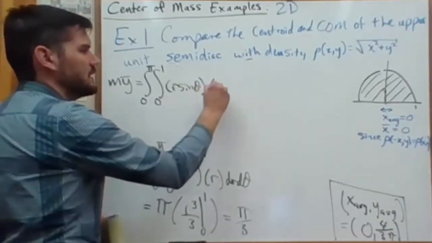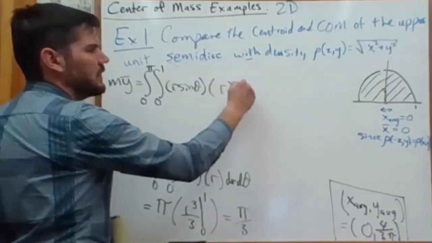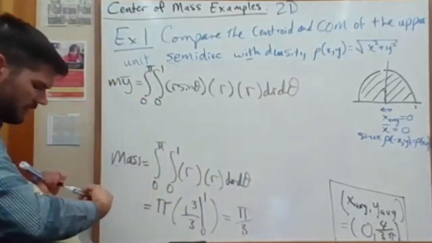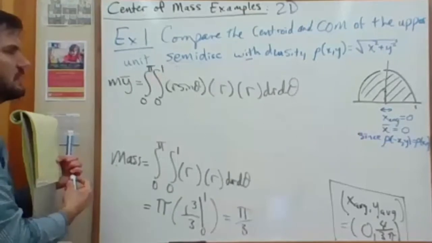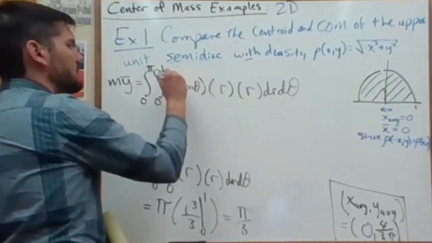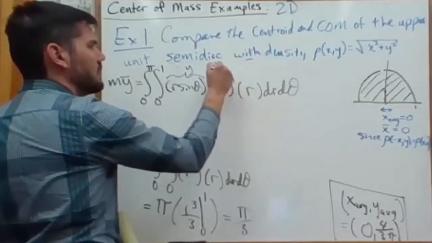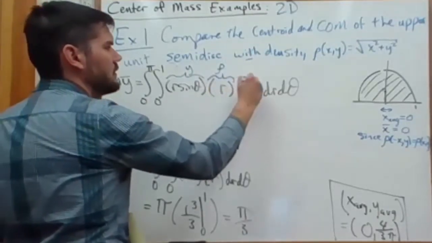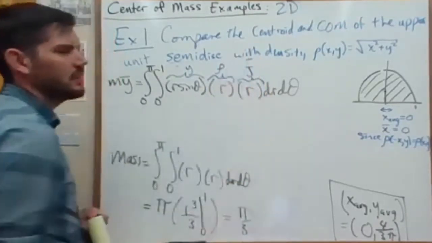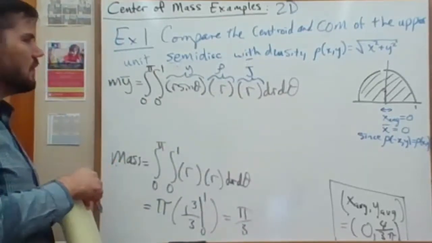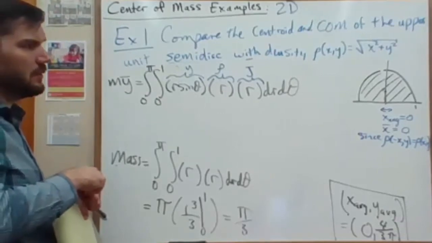Then I plug in my density function. Then I plug in my Jacobian, dr d theta. So let's break that up a little bit. This is y, density function, and then this is Jacobian. So it's good to keep track of all the pieces that we're working with.